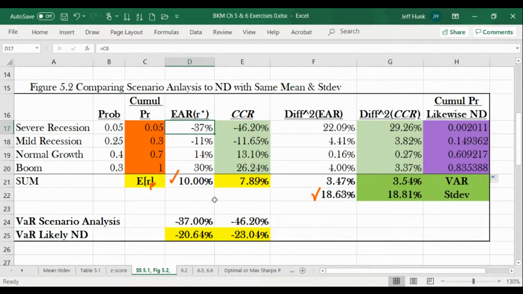Worst case scenario is 37%, but under normal distribution it would be this, and the probability of that happening is not 5%, it's 0.2%, bottom 0.2%, right? And under likewise normal distribution, right?